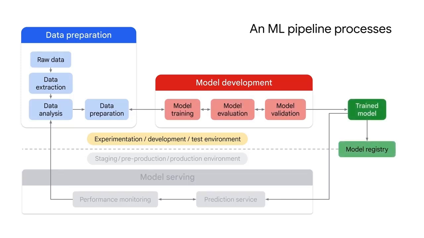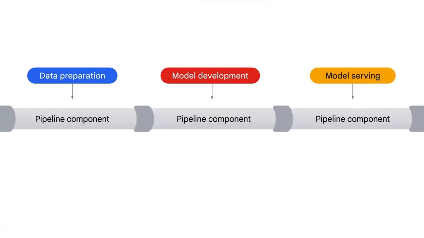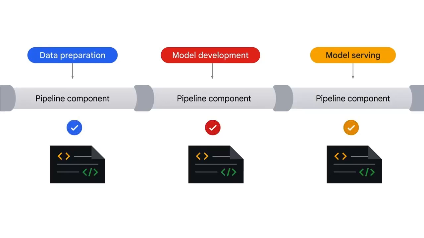The result is a trained model that can be entered in model registry. Once the model is trained, the pipeline moves to the staging and production environment, where you serve the model, which includes prediction and monitoring. Each of these processes can be a pipeline component, which is a self-contained set of code that performs one task of a workflow.